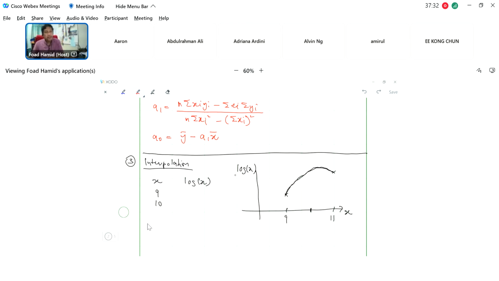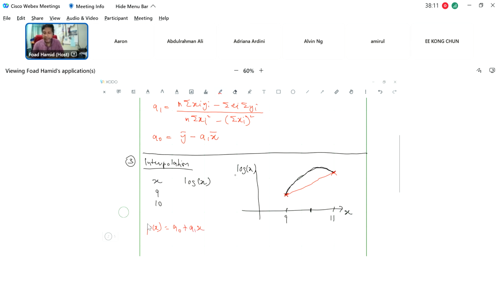you use 2 known points, which is this point and this point. The best line that you can draw with only 2 points is a straight line, right? That's the best line you can do. Note that in our polynomial equation, it is just a0 plus a1 x.